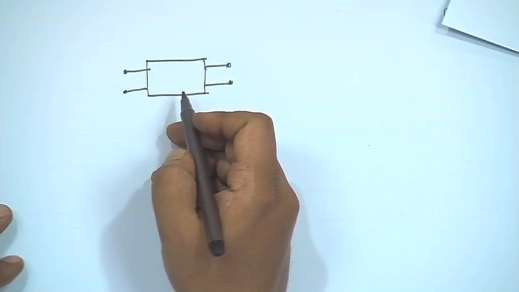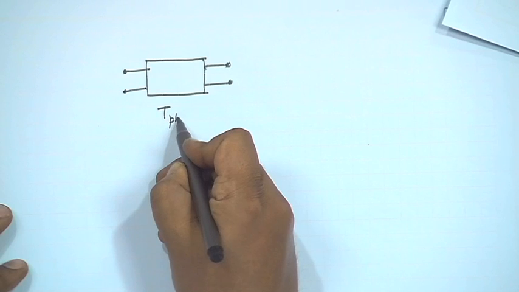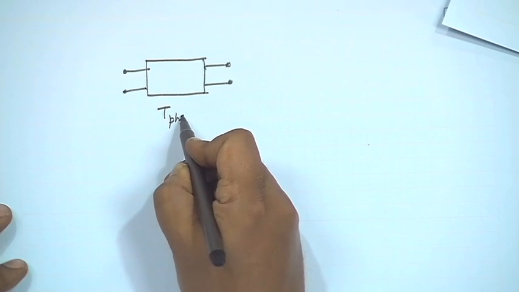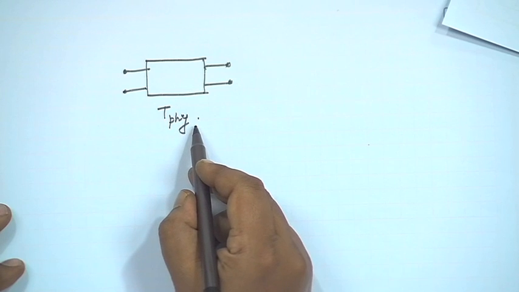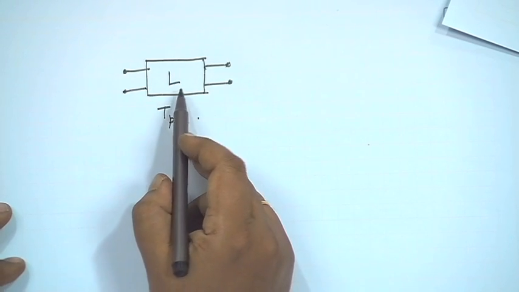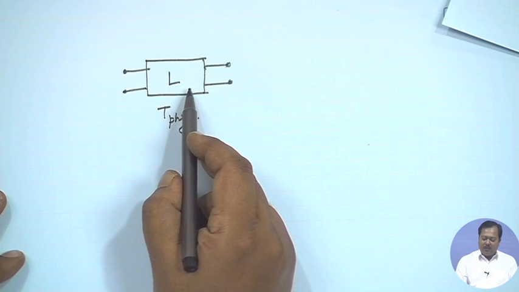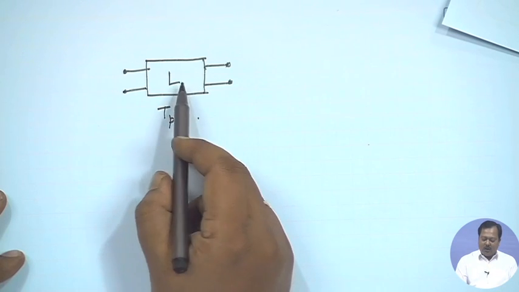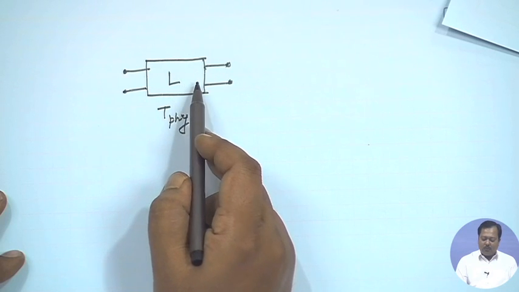Let us say this two port network is in thermal equilibrium and the physical temperature is given by Tphy, and the loss factor of this two port network is L. So if we want to represent in terms of gain, then simply L equal to 1 by G. Now this two port network itself will produce some noise.